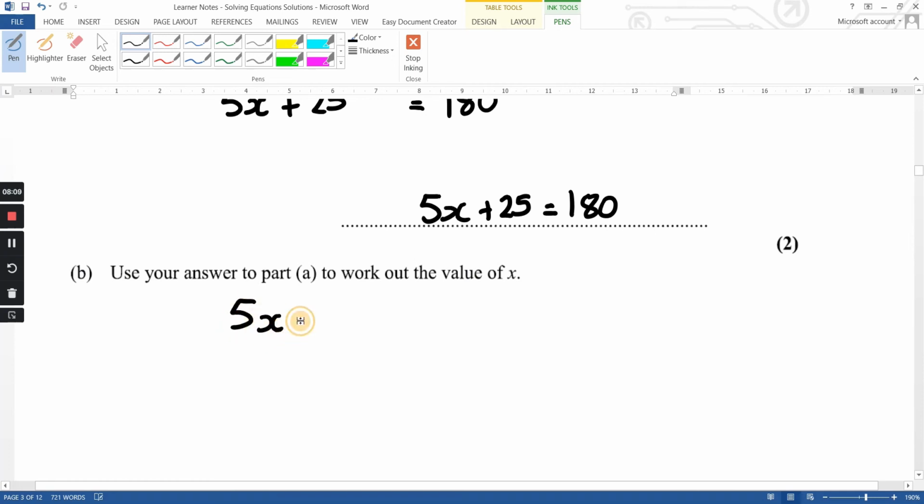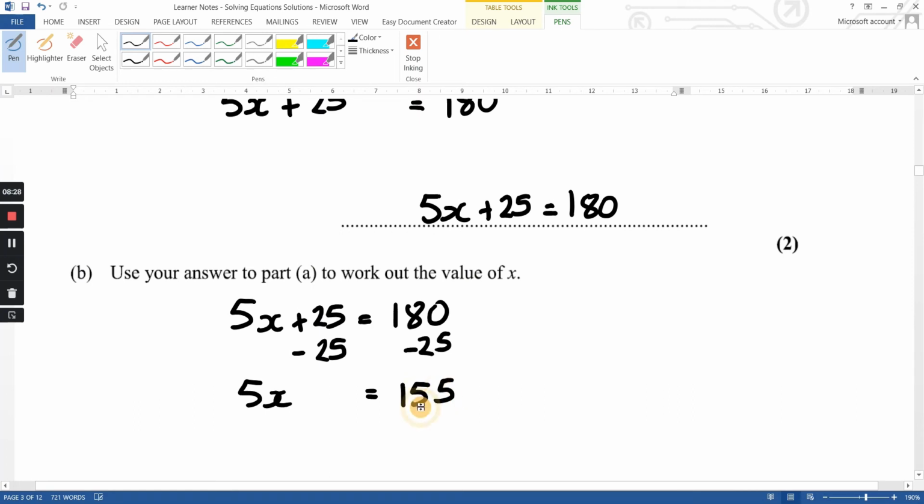Let me just rewrite it here. Let's leave the 5x there and get rid of the plus 25, so I'll have to minus 25 from both sides. What's that? 155. And I'll have to divide both sides by 5.